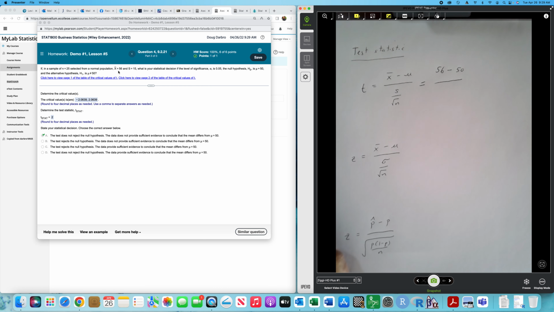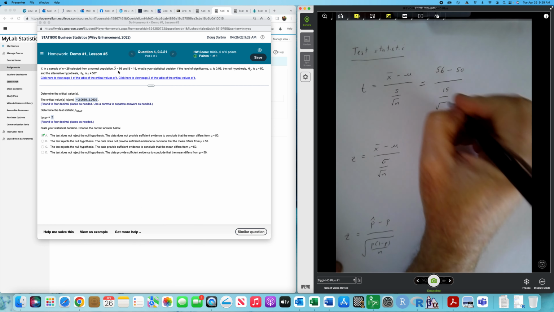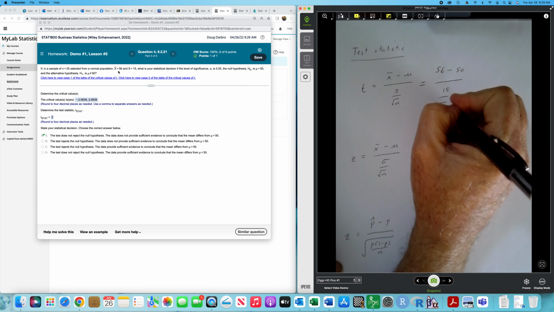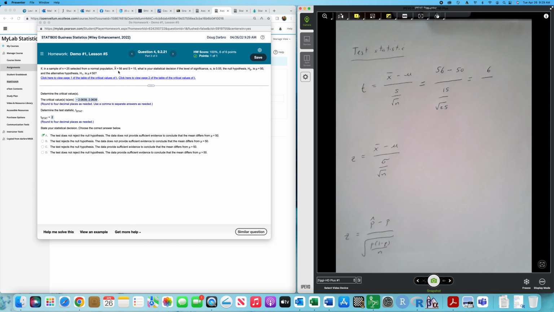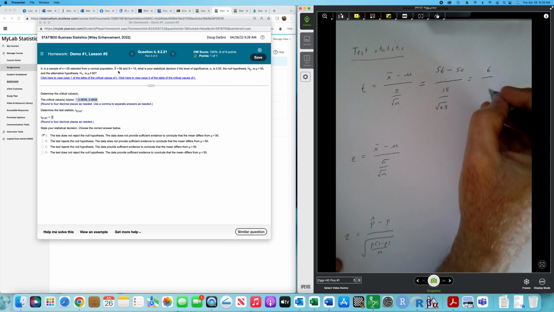I need to put in the sample standard deviation, which is 15. And I need to put in the n, which is 25. Now on top, I get 6. The bottom, I can do a little mental arithmetic. 15 divided by 5 is just 3.